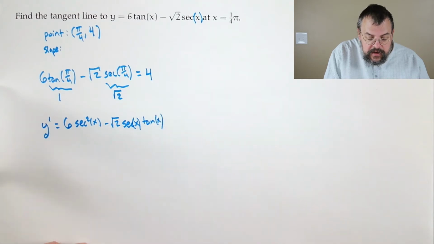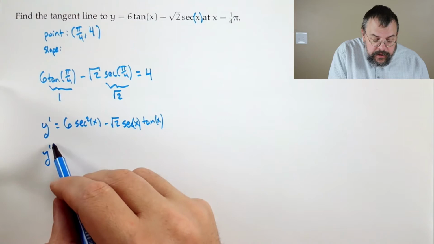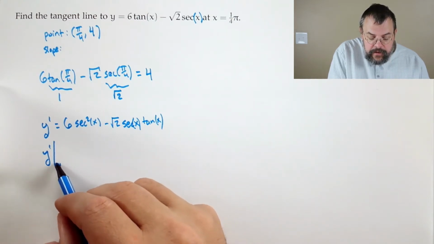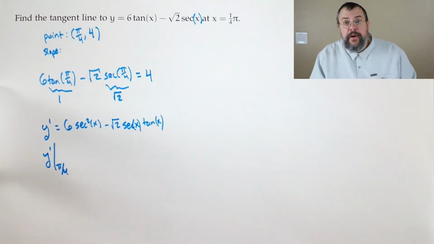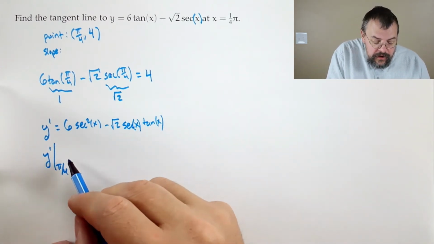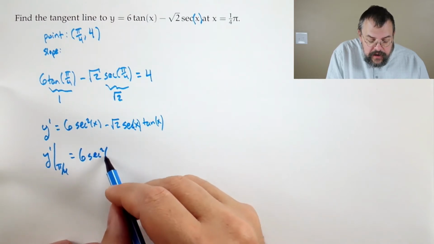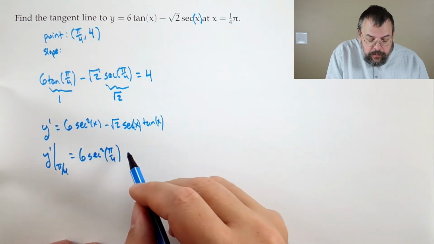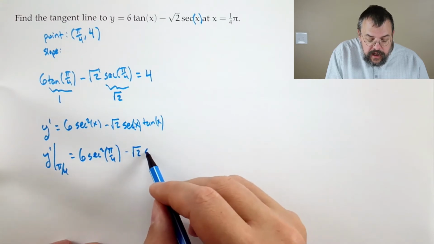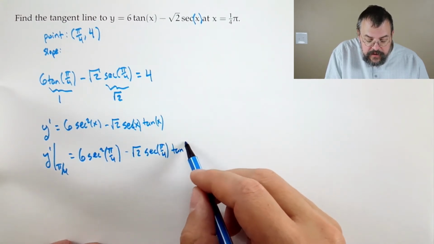There's our derivative. Now, plug in pi fourths. We can use an evaluation sign, or write y prime of pi fourths, whatever makes you comfortable. That's 6 secant squared of pi fourths minus root 2 times secant of pi fourths times tangent of pi fourths.